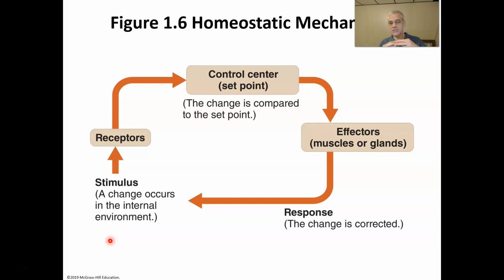And of course, set points can be changed subtly over time. Now, if nothing ever changed, we would say homeostasis. Well, if homeostasis was perfect and never ever changed, we would live forever. Of course, we know that things change over time. Gray hair? I wasn't born with gray hair. Trust me.